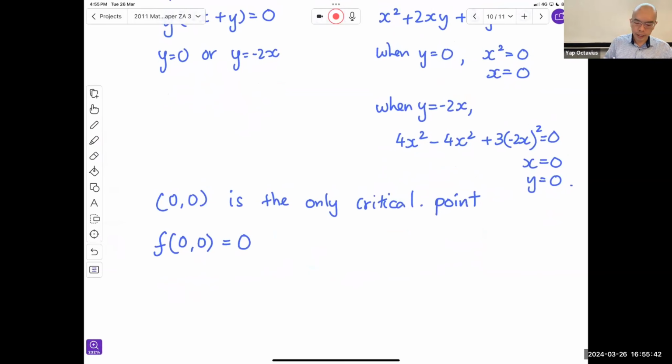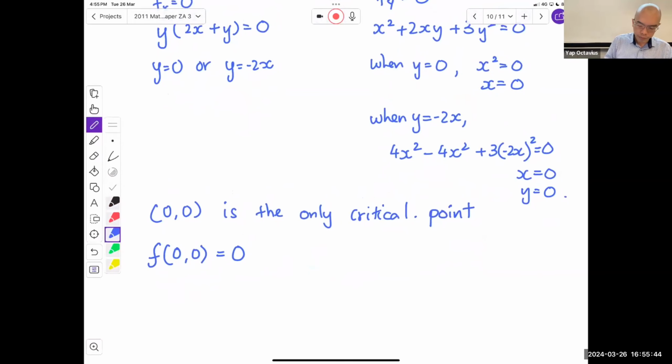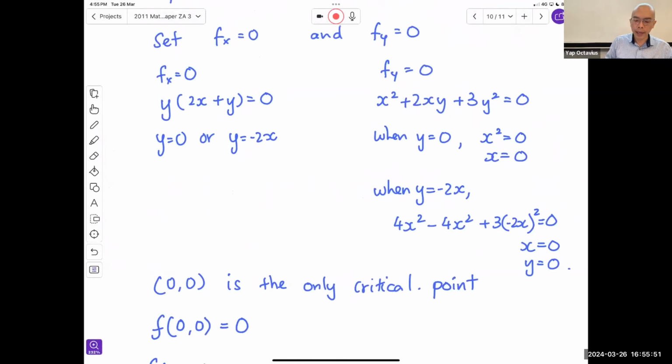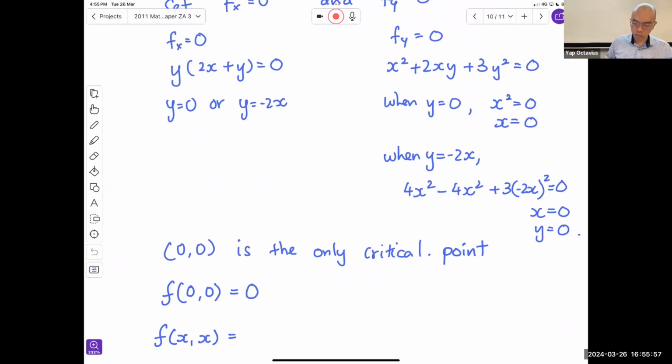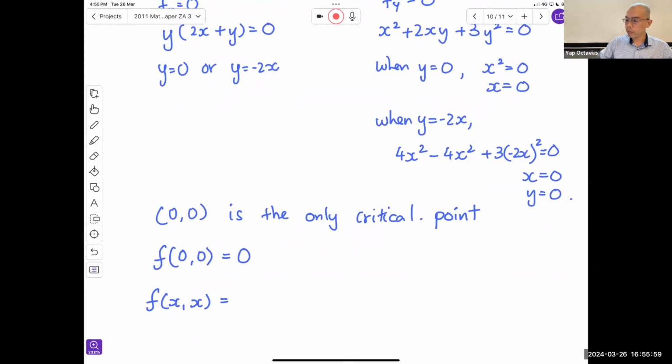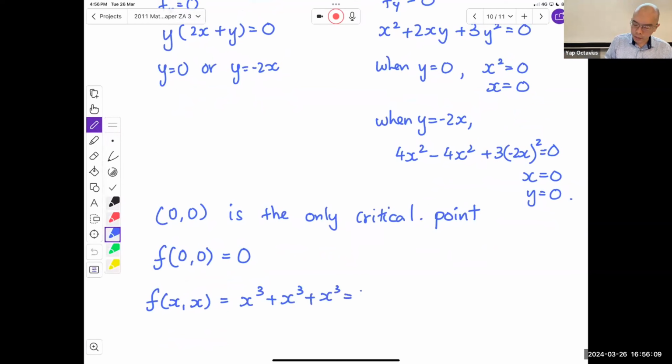Then we consider f(x, x). If you change everything to x, you should actually get x cubed plus x cubed plus x cubed. So you get 3x cubed.